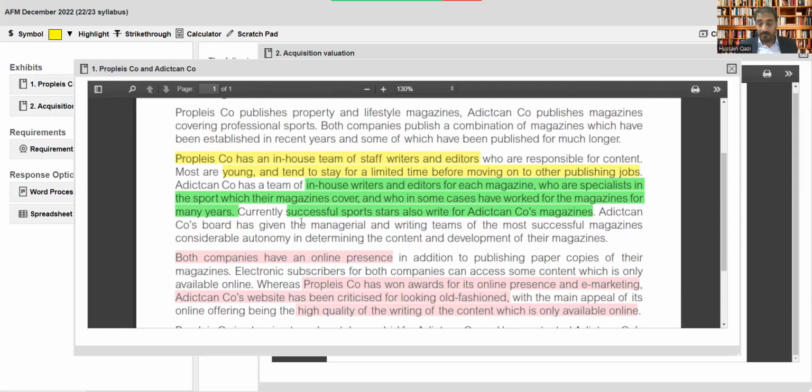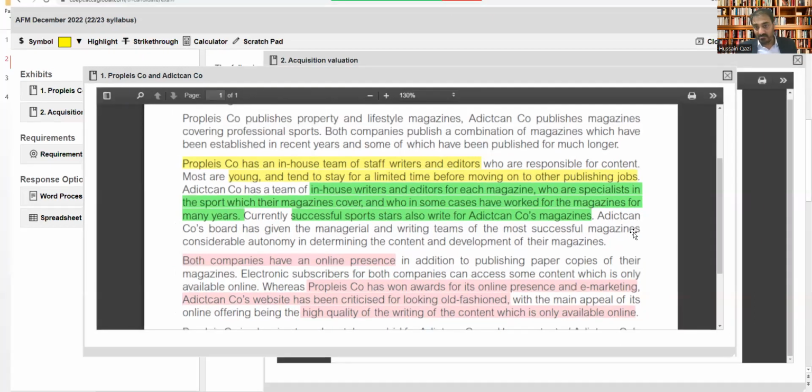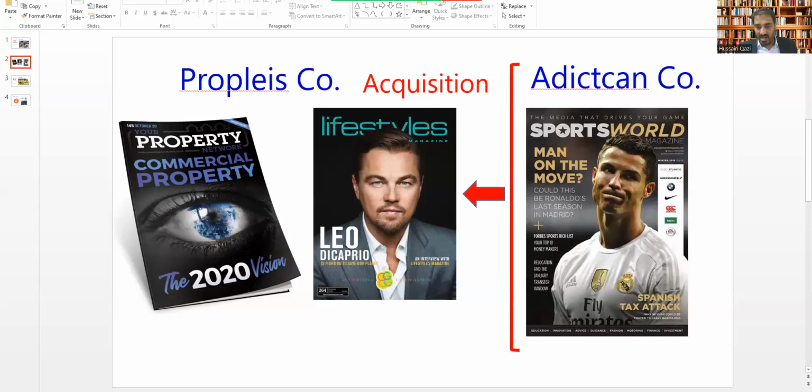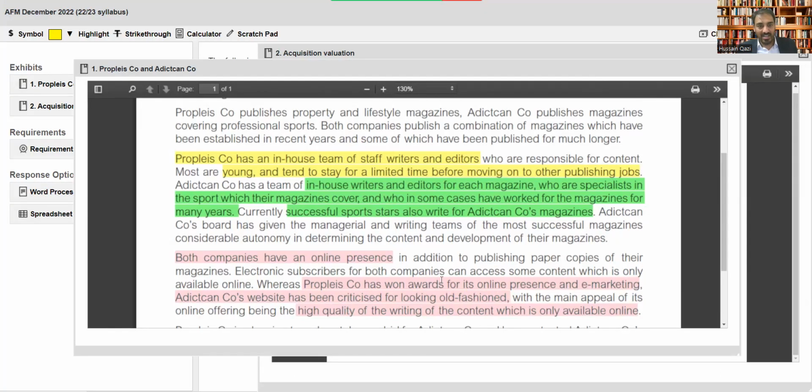Their retention is very strong. The staff are very mature, and successful sports stars are also writers, maybe Ronaldo or Messi, like this.